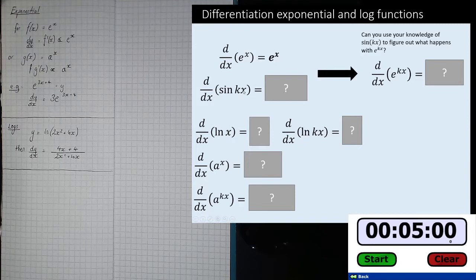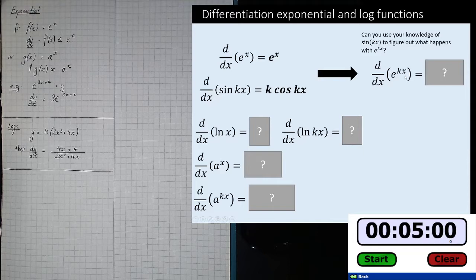The derivative of sin kx. Now, this is a little bit of memory jogging from a previous video. Remember what happened to that k? That k, the inside of the bracket, got differentiated and brought to the front of our sine function. So we'd get k cos kx.